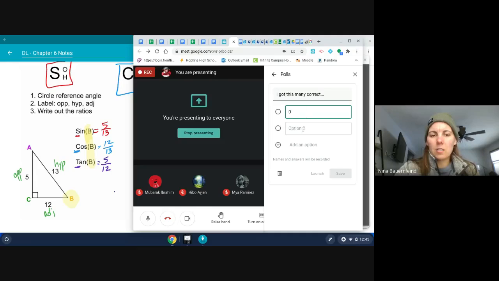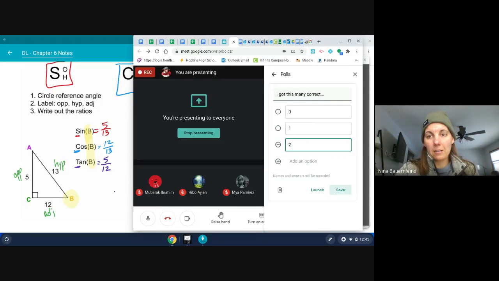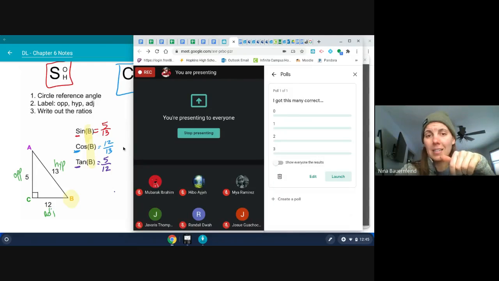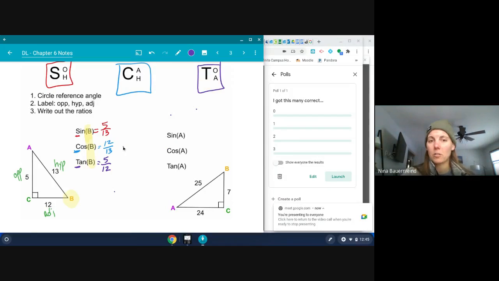No one can see your answer except me, and I can't even see it until later. So there's 3 things: sine, cosine, and tangent. I want to know if you got 0 of them correct, if you got 1, 2, or all 3. Okay, so I'm going to save this. I'll go through it, and then I'll show you the poll after so you can vote.